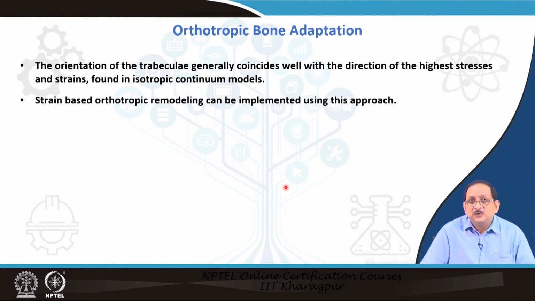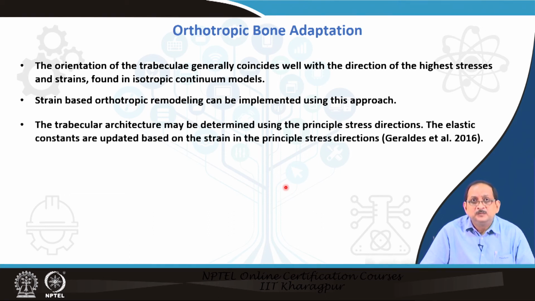Strain based orthotropic remodeling can be implemented using this approach. The trabecular architecture may be determined using the principal stress directions. The elastic constants are updated based on strain in the principal stress directions.